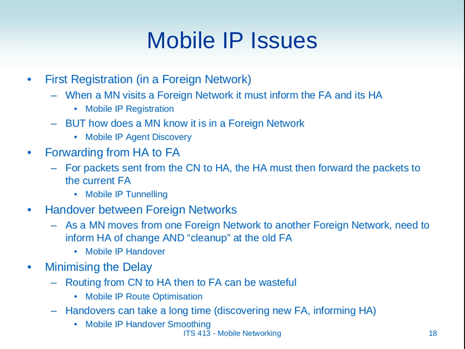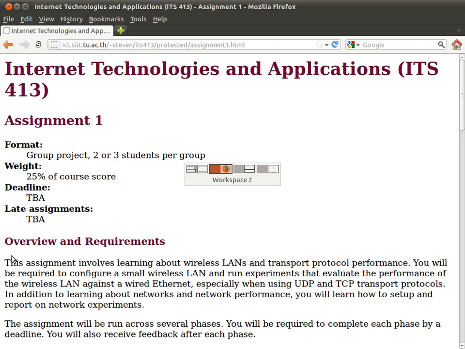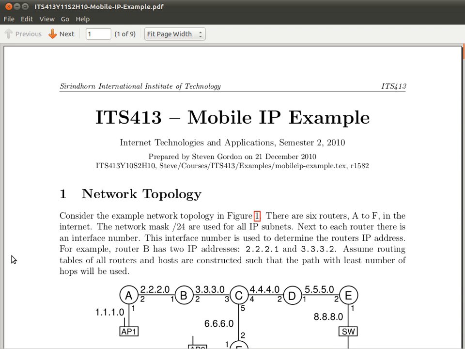So the example we're going through is in the handouts that you have. It's this document, but I'm going to go through it on the board. Continuing where we left off from last week.